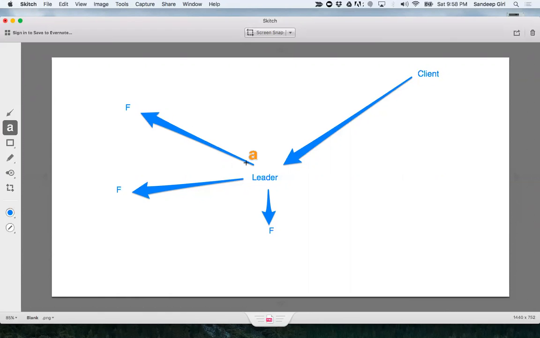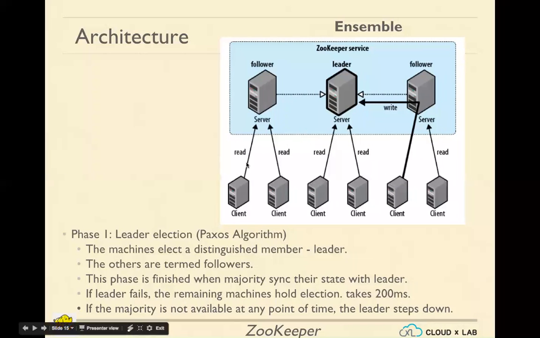If followers get a request for a read, wouldn't the follower get the data from the leader and respond? No. Very good point. What Mahmood is saying is a very valid point, and we all need to keep this in mind.